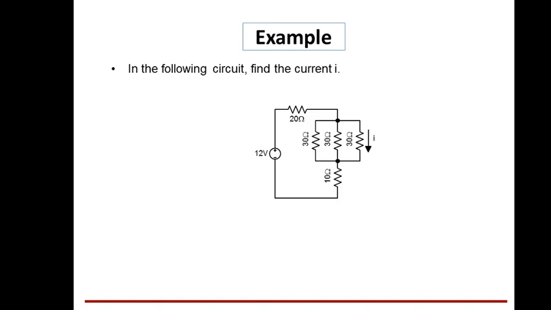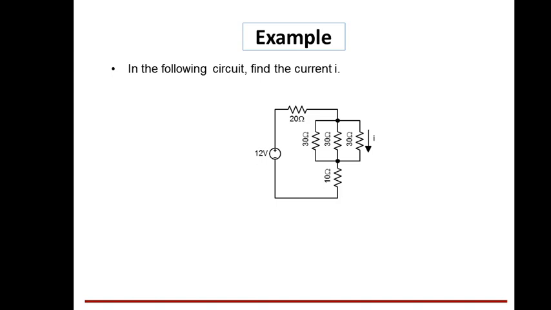Now we want to find the total value of current here. How to find it? You already know 30 ohms, 30 ohms, 30 ohms, all three are connected in parallel. You know how to find R equivalent. You can say 1 by R equivalent equals 1 over 30 plus 1 by 30 plus 1 by 30. So you can find the R equivalent value.